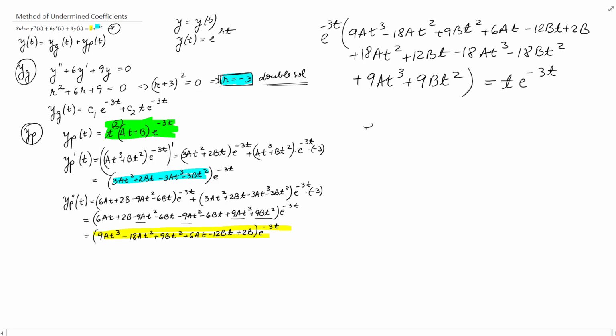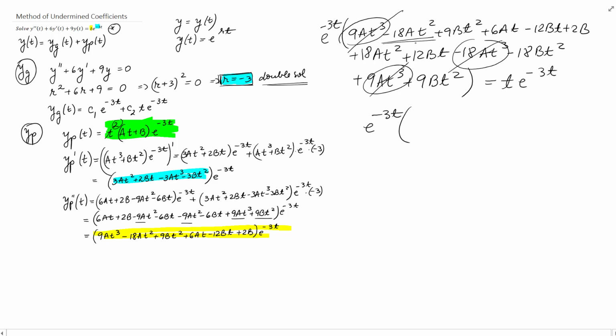So e to negative 3t times, and now let's see if we have any like terms. I have 9at cubed, another 9at cubed, and negative 18at cubed, so this cancels.